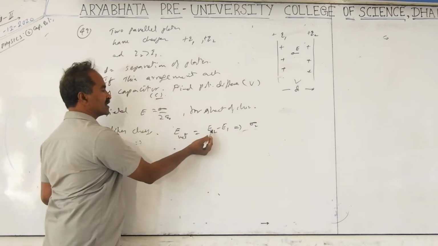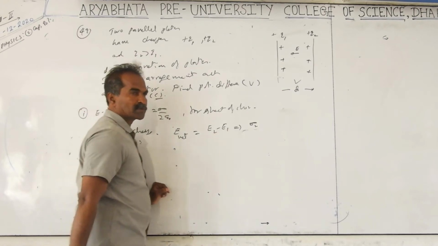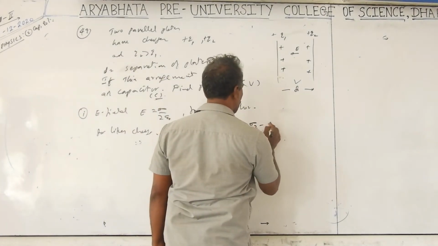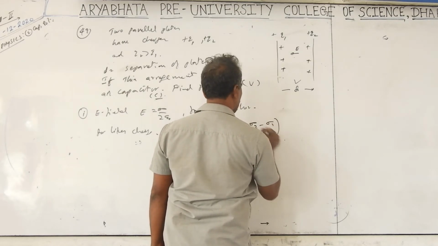This electric field is equal to sigma by 2 epsilon. But the sigmas are different: sigma 2 minus sigma 1 by 2 epsilon naught.